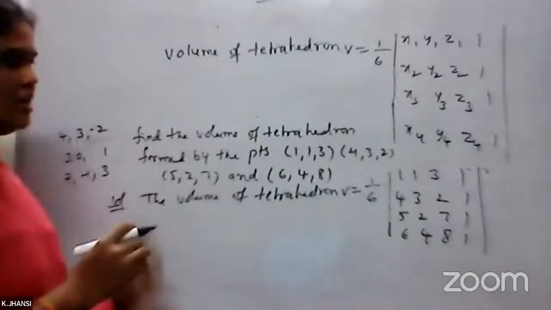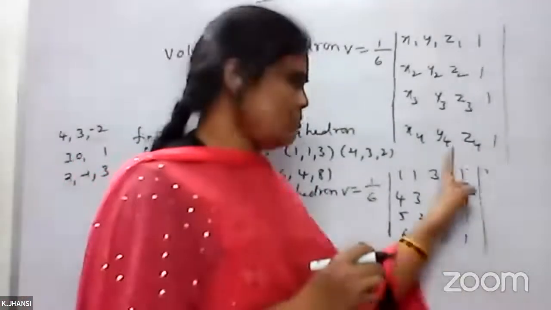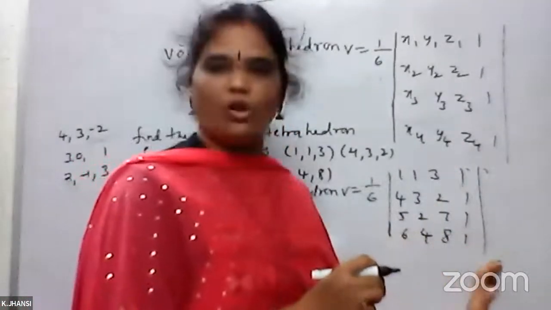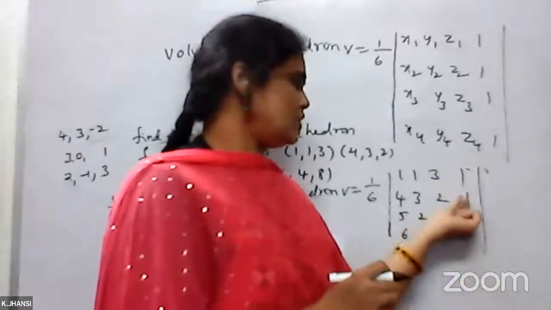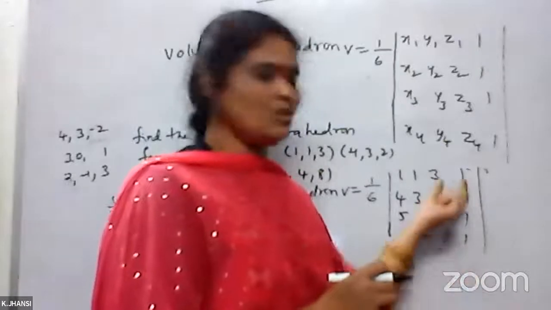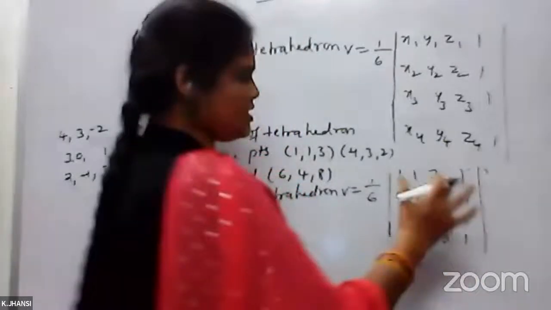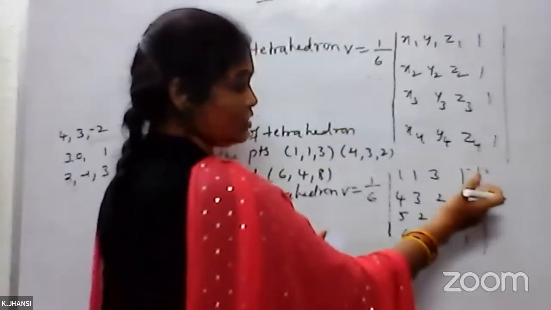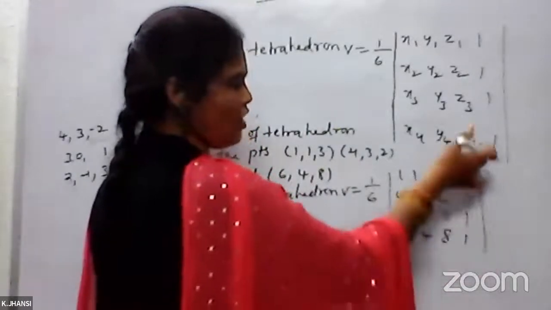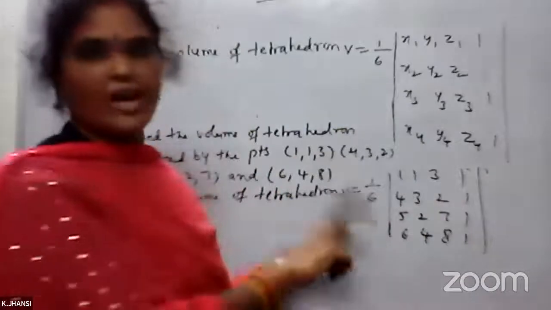For this one, take the last column, the 4th column, C4. You make the values in that column, along with the coordinates here, 0.